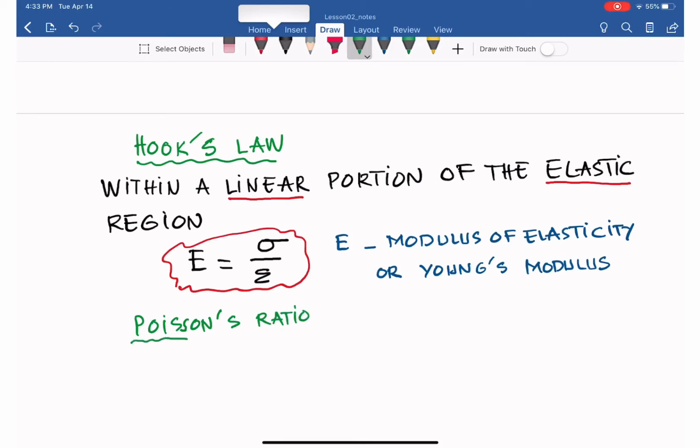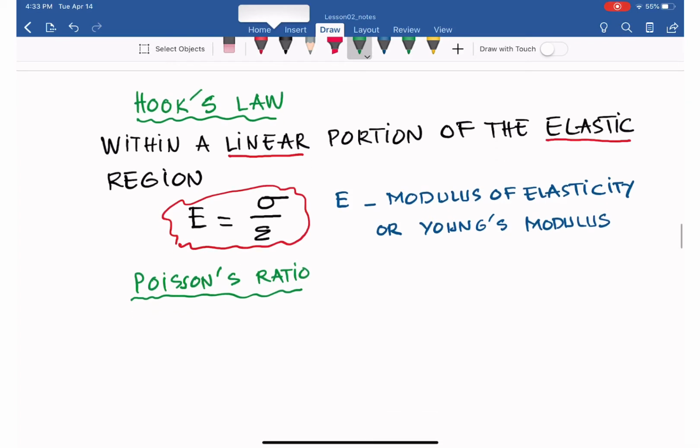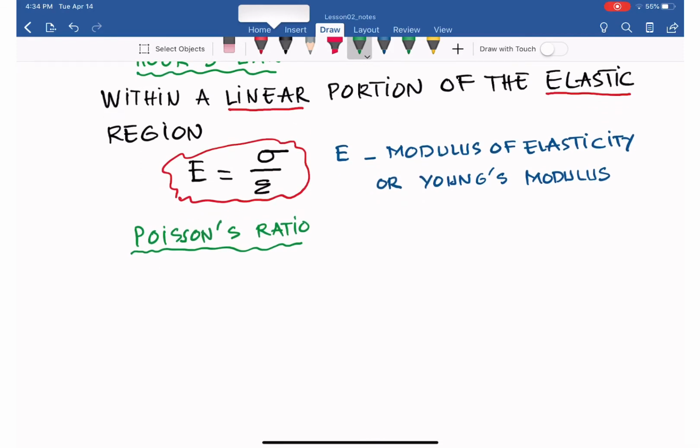Imagine that we have a material, and if you extend and deform that material along the longitudinal axis of the body, then in the lateral direction it will be compressed, it becomes smaller. That ratio we call Poisson's ratio. It's a difficult concept, so I'm going to show you a demonstration right after we talk about it. Stay tuned for a few minutes and you will see that.